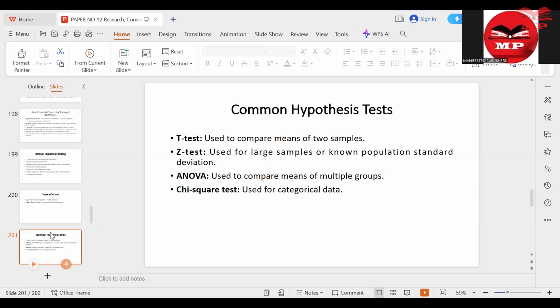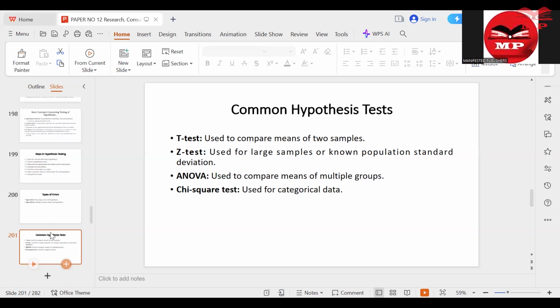This is used to compare means of multiple groups. So if you have several groups in terms of the variables being tested, then you are comparing the means of multiple groups. Then chi-square test, this is used for categorical data.